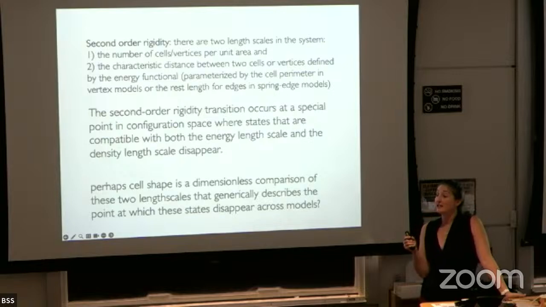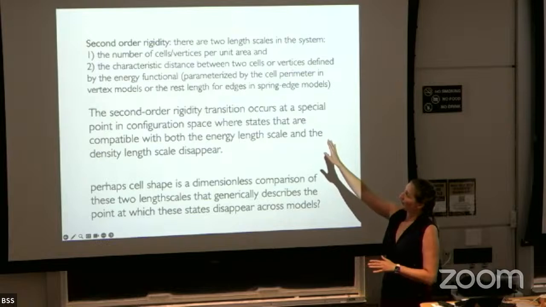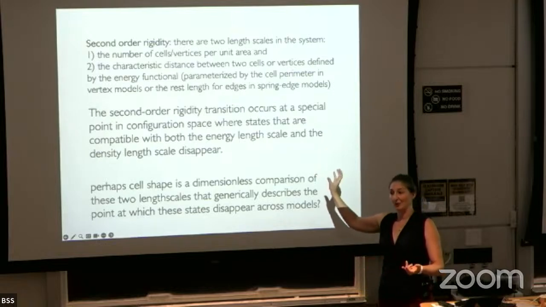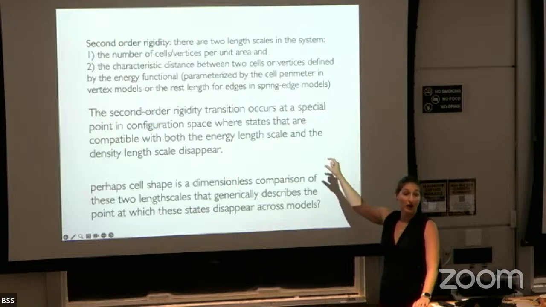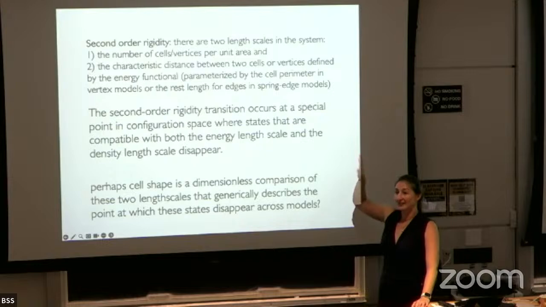What I mean is, let's use spring networks as the example while I talk about this. Spring networks have an L naught. You can ask, is there a set of states with a certain number of vertices connected with a certain characteristic incidence matrix, where all of the L's are allowed to be equal to L naught?